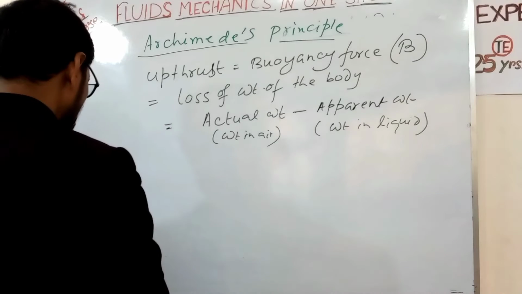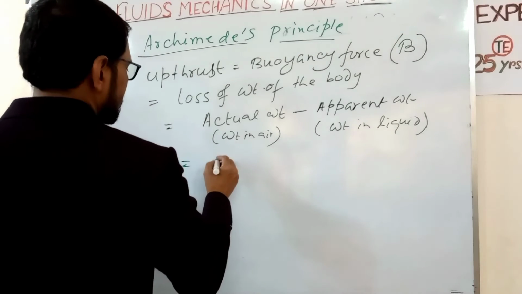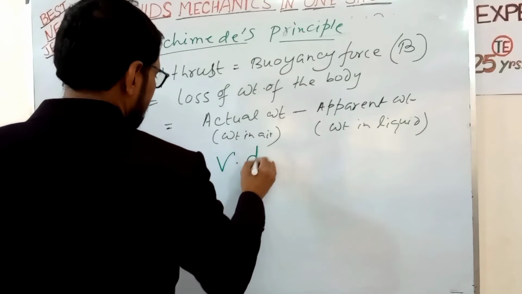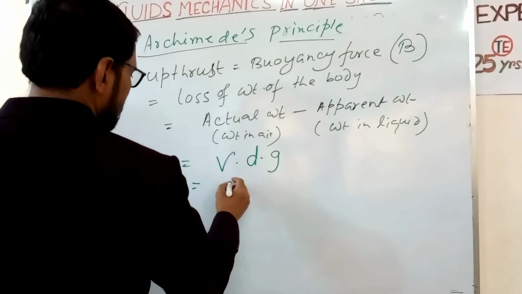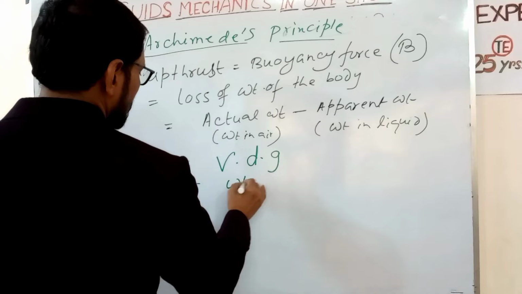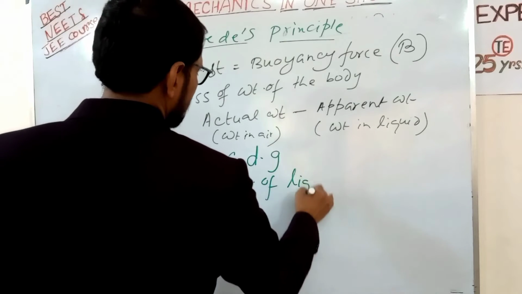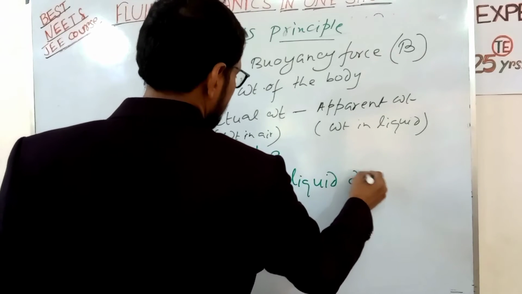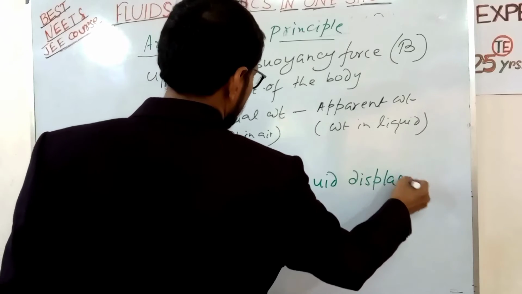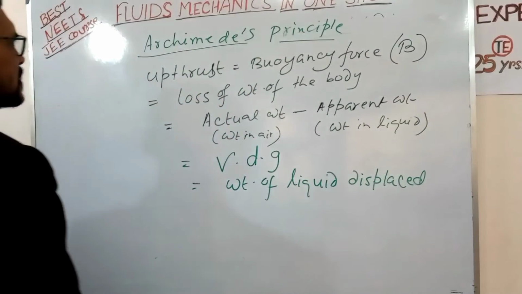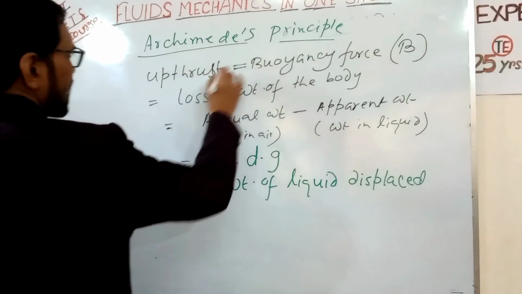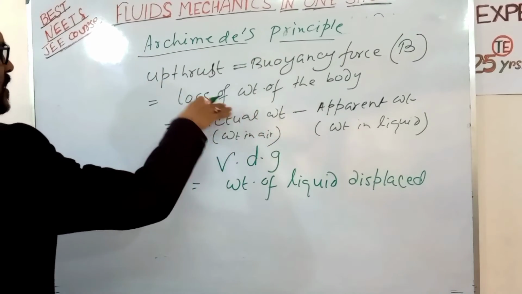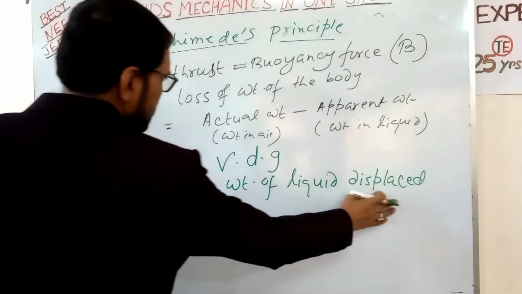And this is equal again to VdG. That is V into d, that is weight of liquid displaced. So these are the same things. Upthrust equal to buoyancy force, again buoyancy force equal to weight of liquid displaced.